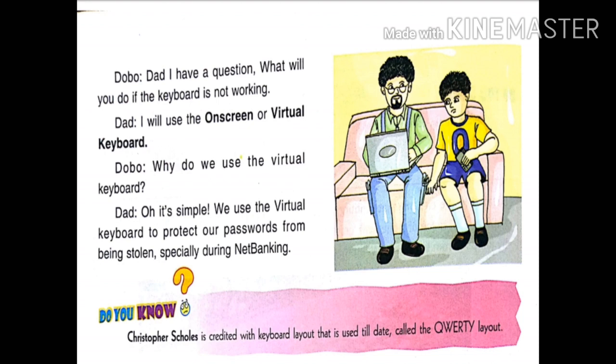Now come to the Do You Know section. Christopher Sholes is credited with the keyboard layout that is used till date, called the QWERTY layout. Now this is the person who has created this layout known as QWERTY layout.